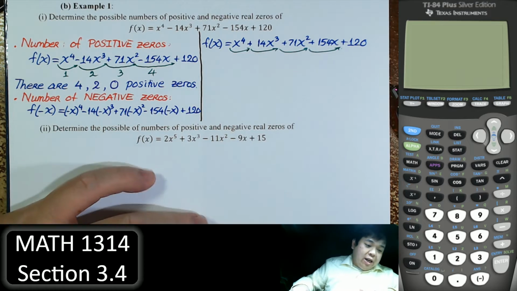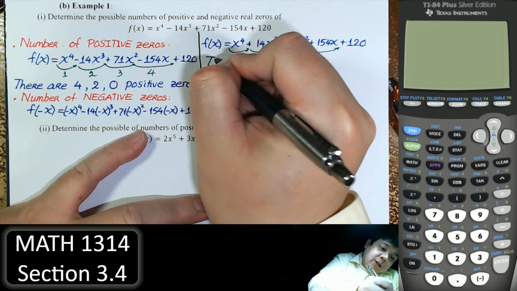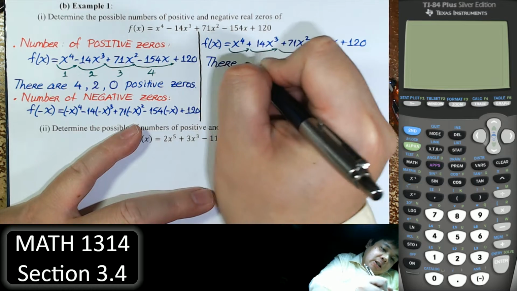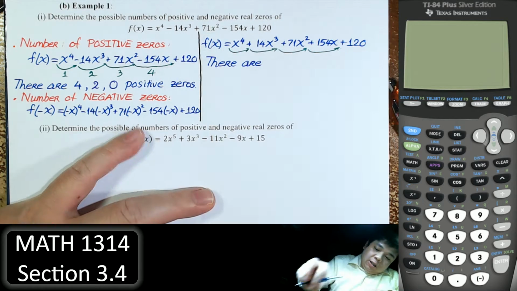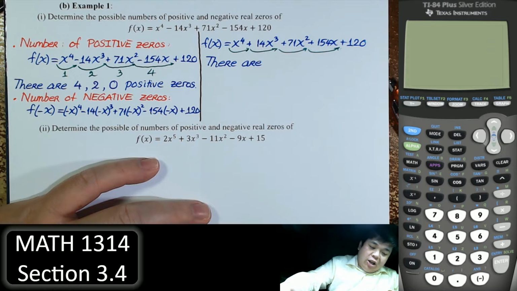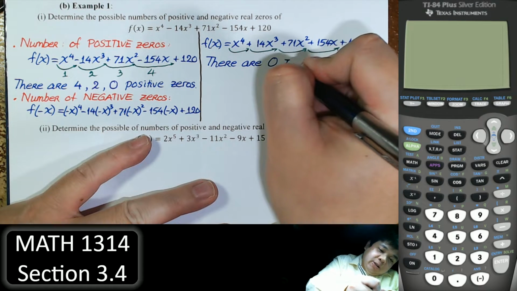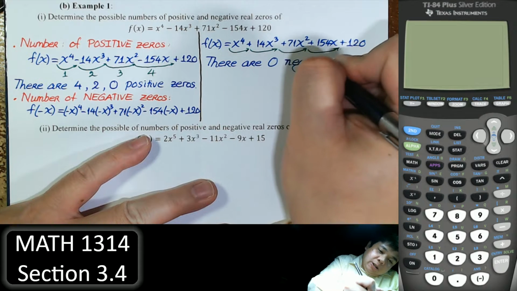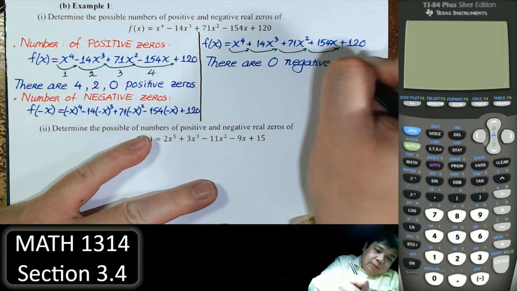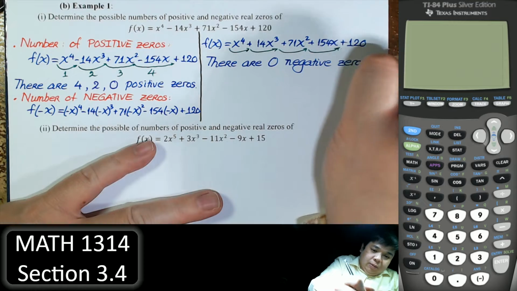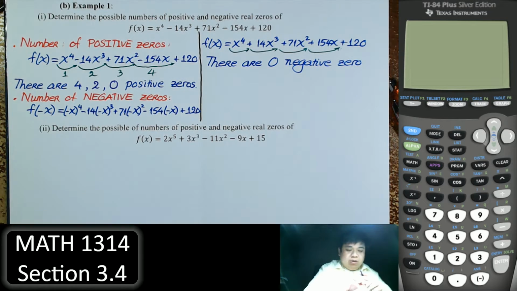So in this case there are no sign changes, so there are no negative zeros.